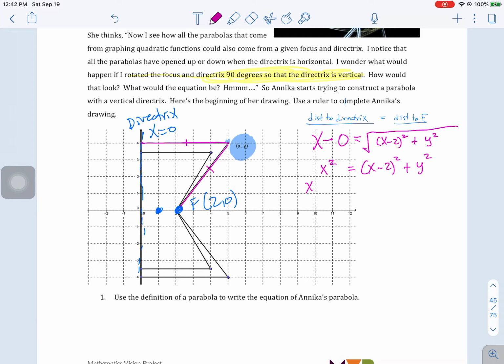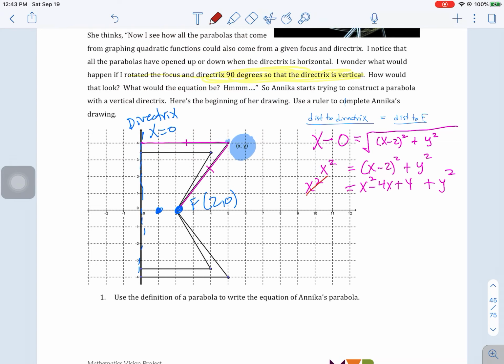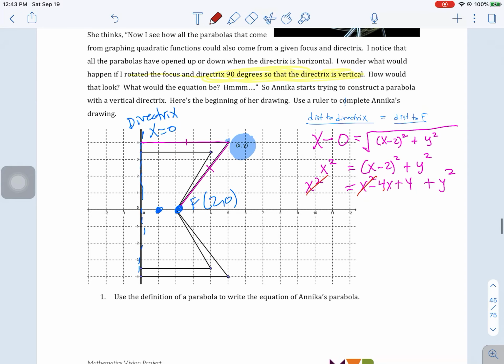Okay, so let's expand that. That's x squared minus 4x plus 4. And we will go ahead and get rid of x squared from both sides. So, and we're going to move the negative 4x over here by adding 4x.